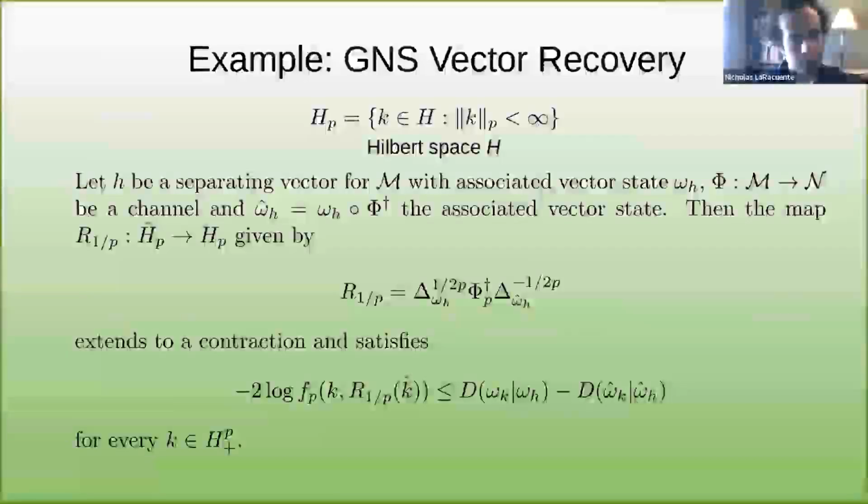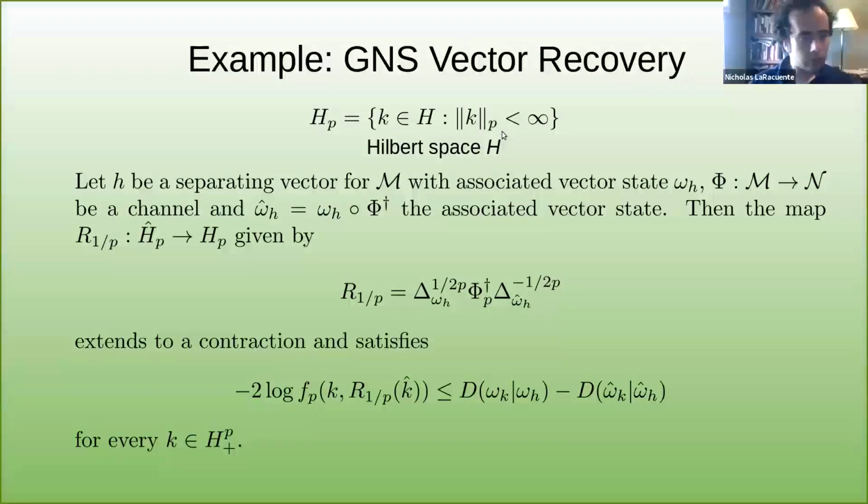So we can take these H^p spaces, which are the subspaces of a Hilbert space with p-normalizable vectors. And from this, we get a recovery map result applied to GNS vectors, in essence.